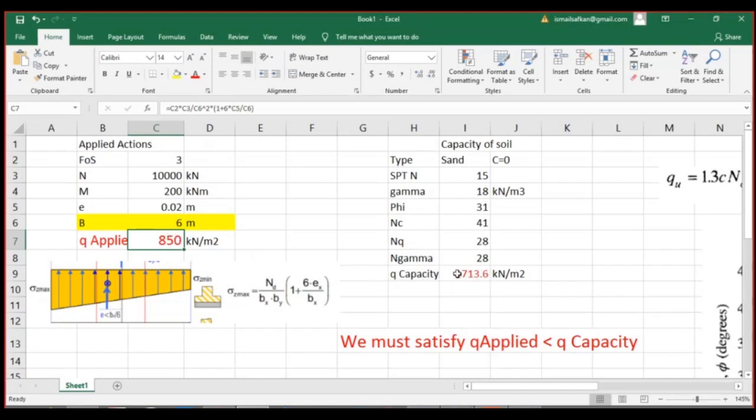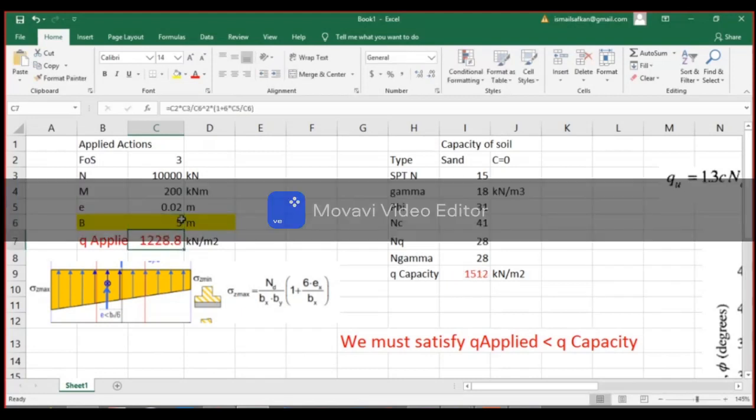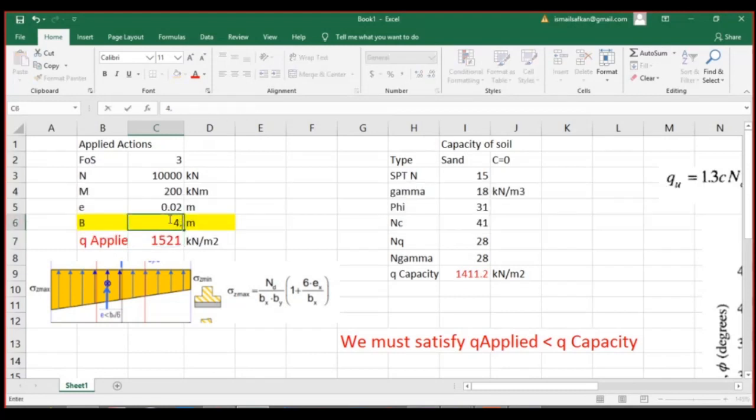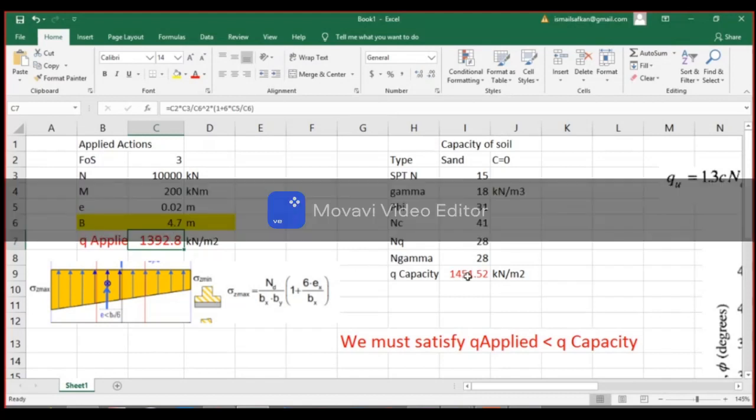Close, but this one to be bigger. Say 5. Say 4. Not enough. 4.5. 4.6. 4.7. So 4.7 satisfies, and the capacity is slightly bigger than Q applied.